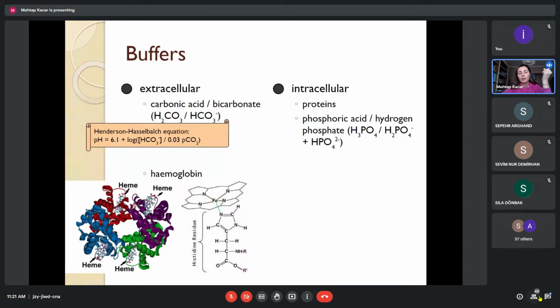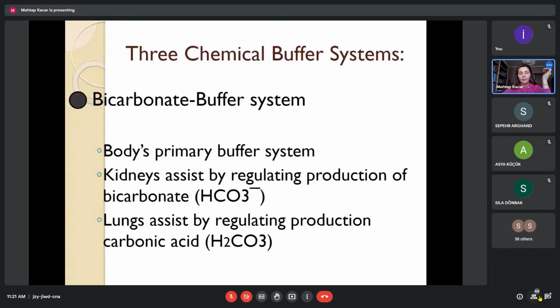In extracellular fluid such as plasma and interstitial space, the carbonic acid bicarbonate system and hemoglobin are the main buffer system. In the intracellular area, proteins, phosphoric acid and hydrogen phosphate systems are buffer systems.